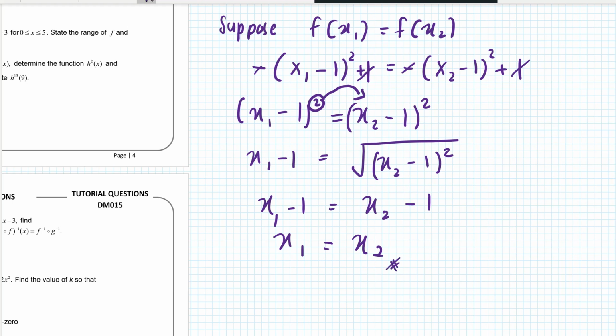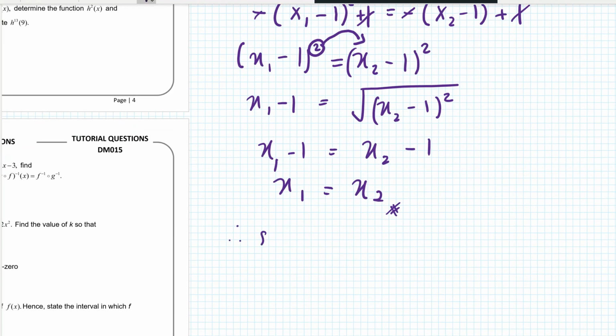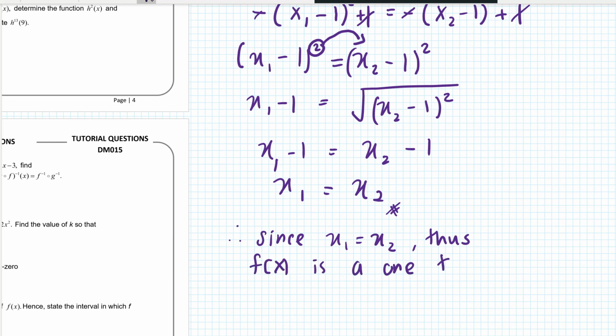So we can make a conclusion: since x1 is equal to x2, therefore f(x) is a one-to-one function.